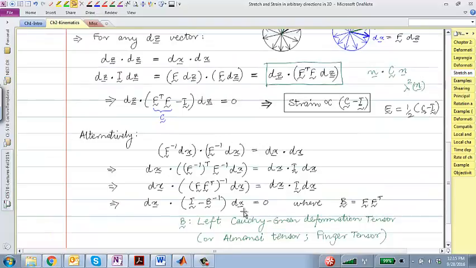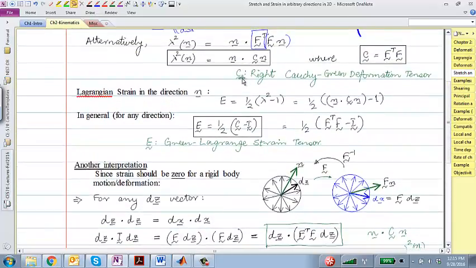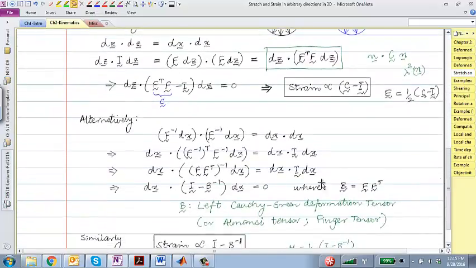If I go through the same procedure, I come up with a tensor F times F transpose inverse. F times F transpose inverse is called the left Cauchy-Green deformation tensor. Up here, you remember C was the right Cauchy-Green deformation tensor. That was F transpose F. The left one is also symmetric, sometimes called the Almansi tensor or Finger tensor.